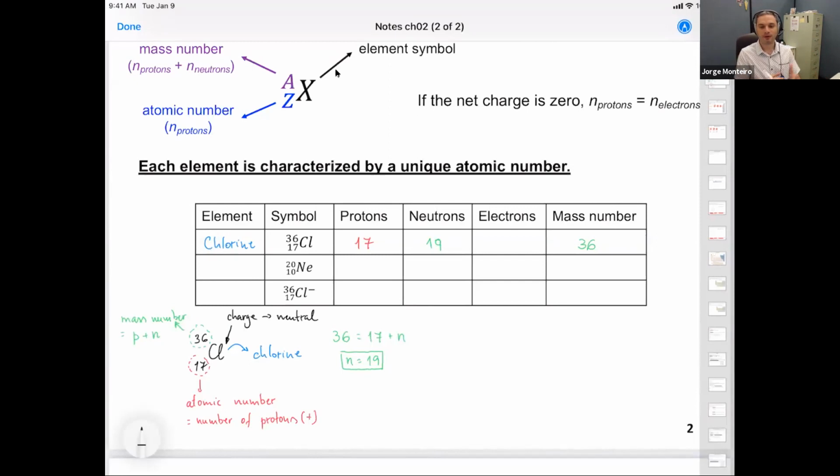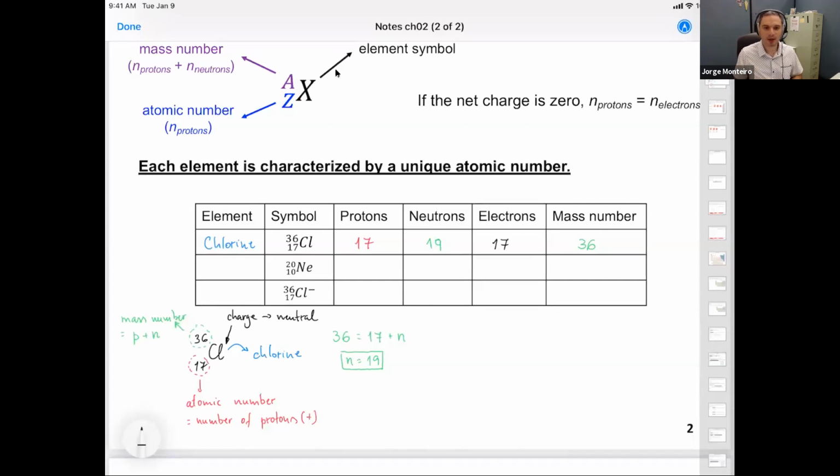Therefore, if we have 17 positive charges, to balance those out, we are going to need 17 negative charges, therefore 17 electrons. And that's how, from the information I provided to you, you can figure out the name of the element, number of protons, neutrons, electrons, and mass number.